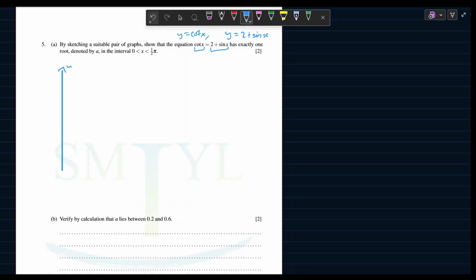Alright, so I'm going to draw our Cartesian plane. This is the y, and then this will be the x. We are going up to half pi. So let's start with y equals cot x. What we are looking at is we've got an asymptote at 180. So let's put pi somewhere here, and then 2 pi should be somewhere.